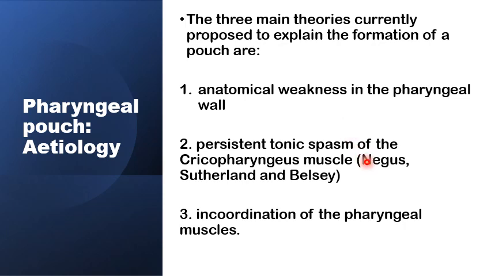The second is that there is a persistent tonic spasm of the Cricopharyngeus muscle that prevents the smooth passage of the bolus and generates enough intrabolus pressure in the lower hypopharynx to cause the pulsion diverticulum. And the third is that there is incoordination between the pharyngeal and esophageal muscles while progressing the bolus caudally.